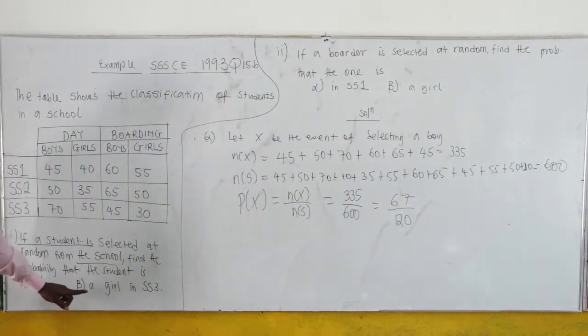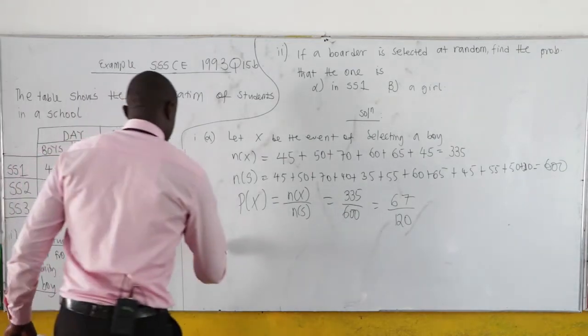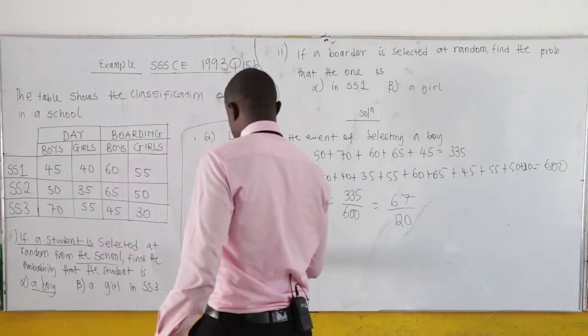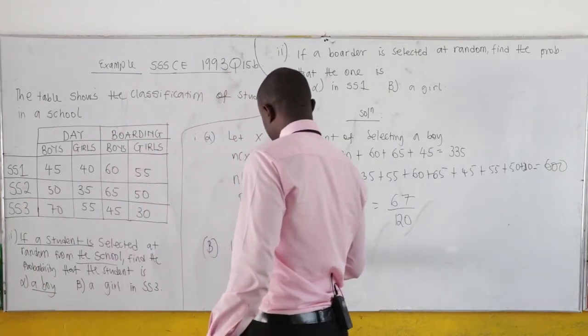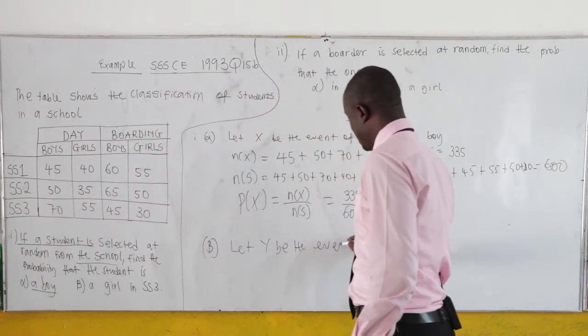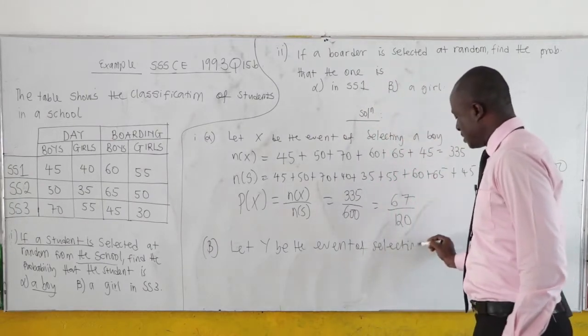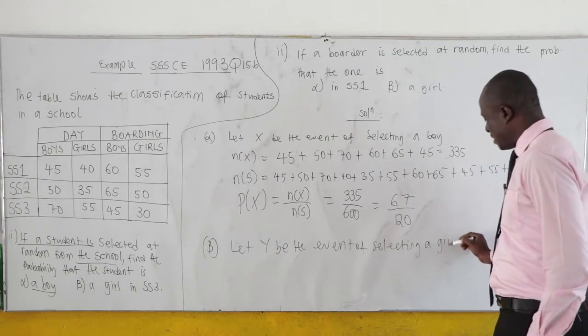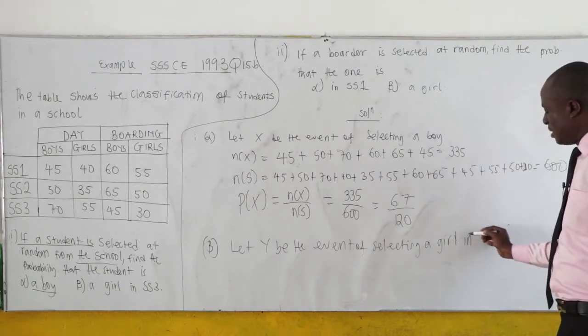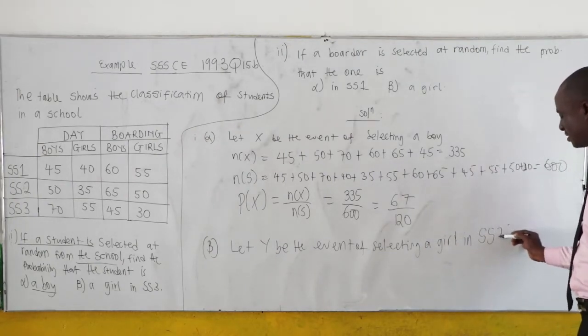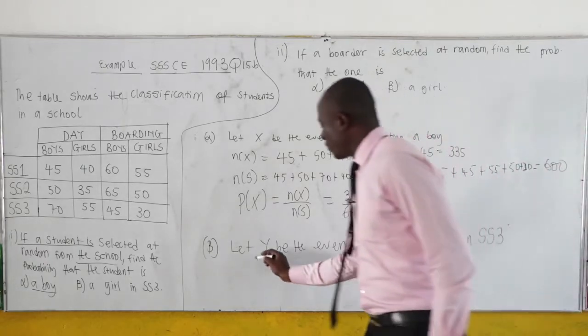Now, let's see the second one. The second one says a girl in SS3. So we can say that, suppose Y is the event of selecting a girl in SS3. So what is the number of events?